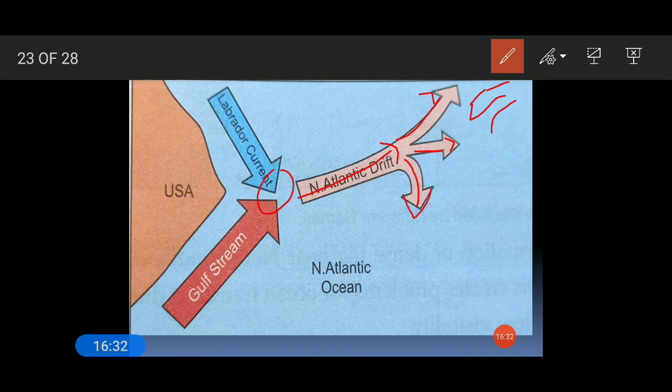Some branch moves towards the Mediterranean Sea, and one branch flows along the coast of Africa and becomes part of the Canary Current. So this is how the North Atlantic Drift moves in different locations.